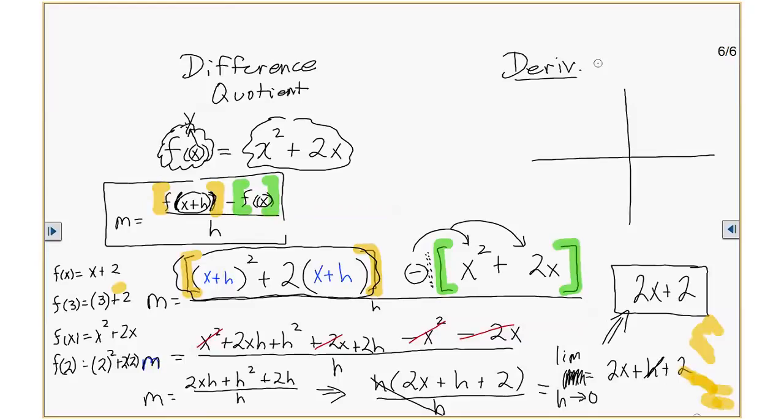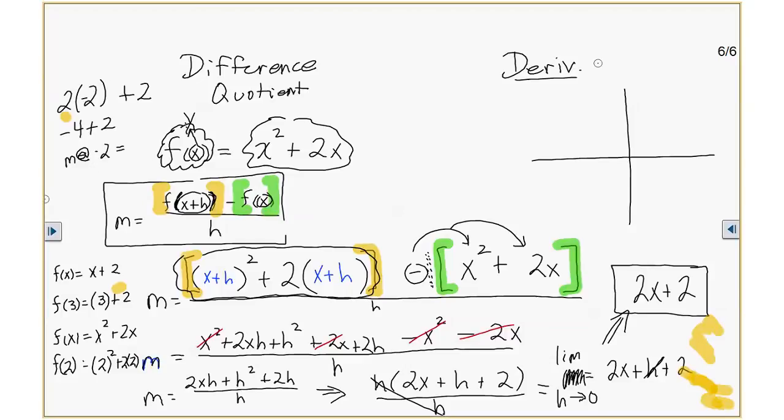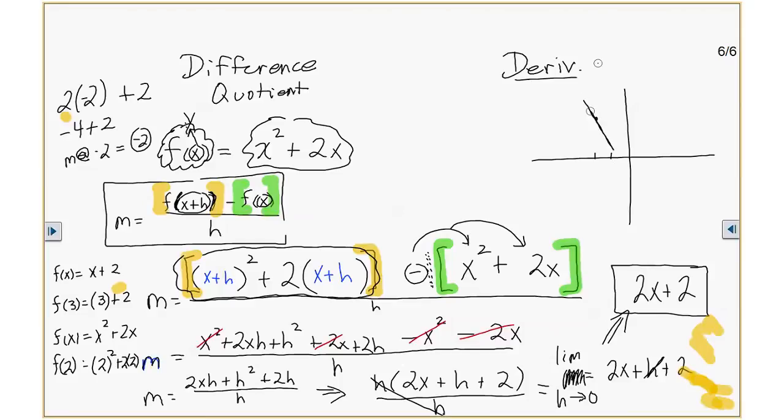Okay, forget it. You said -2, so I'm going to plug in -2. And that's -4 plus 2. So the slope at -2 is equal to what? -2. So that means the slope at -2 is going what?